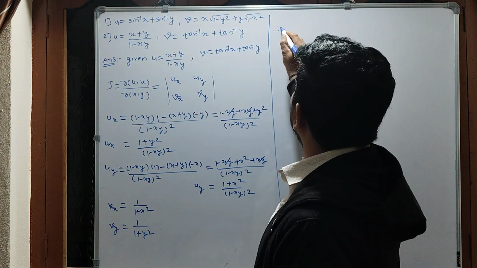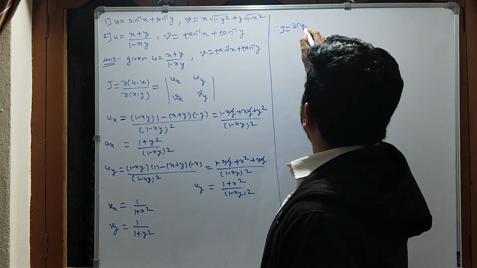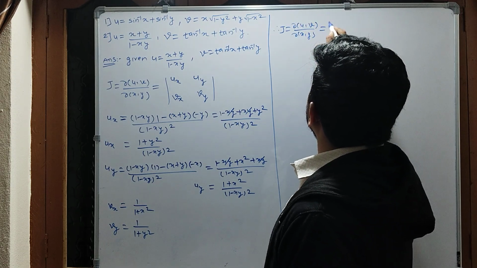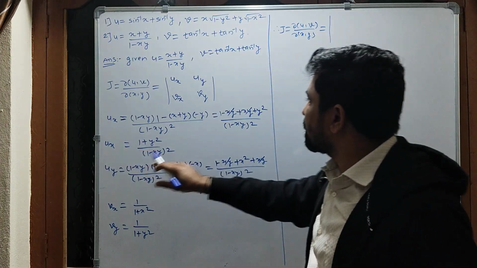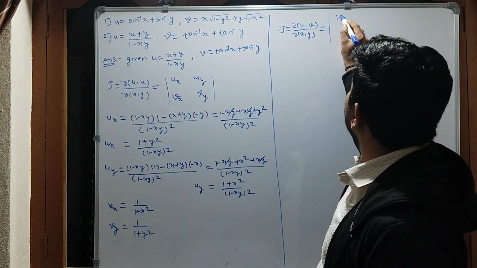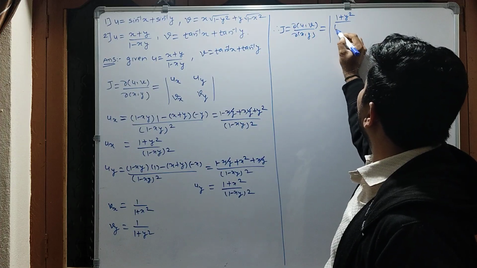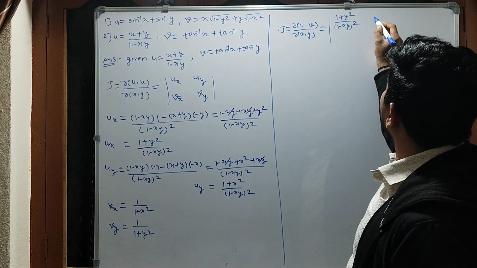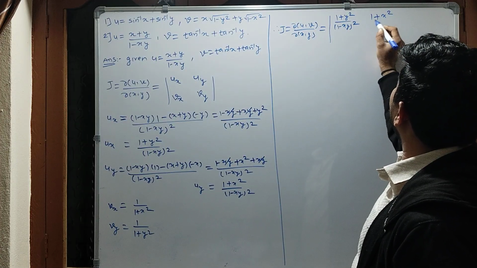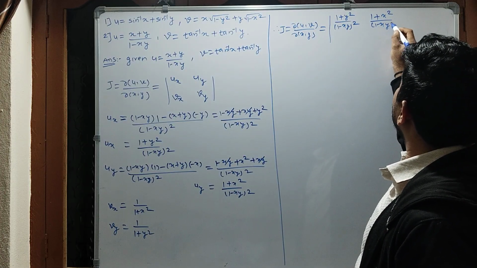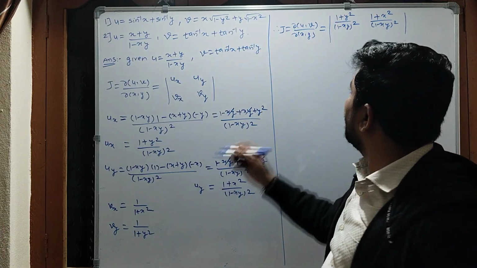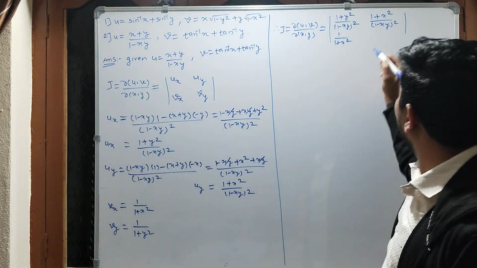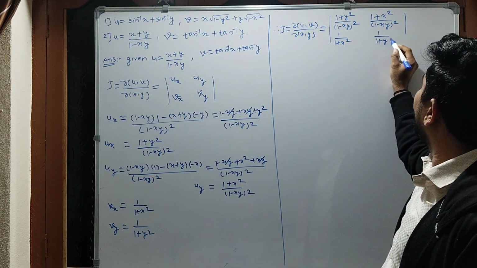Therefore, the Jacobian of u, v with respect to x, y is equal to the determinant. The value of ux is (1 plus y square) by (1 minus xy) whole square, uy is (1 plus x square) by (1 minus xy) whole square, vx is 1 by (1 plus x square), and vy is 1 by (1 plus y square).